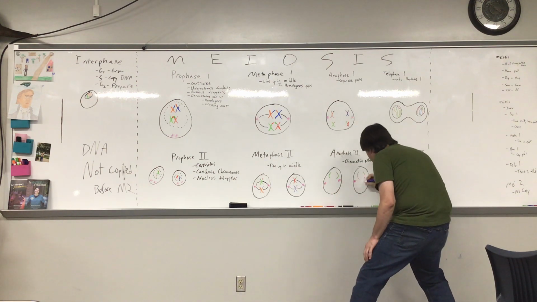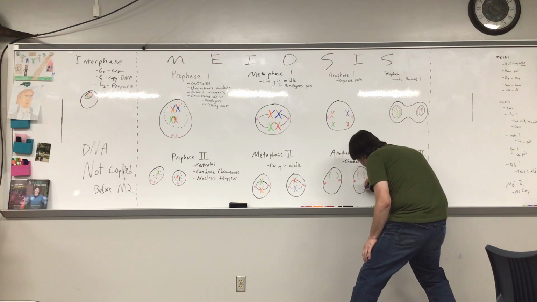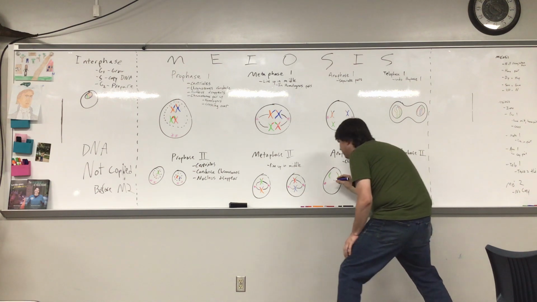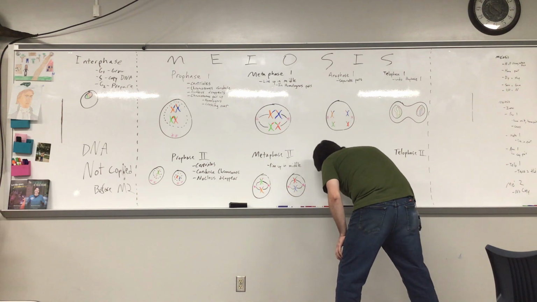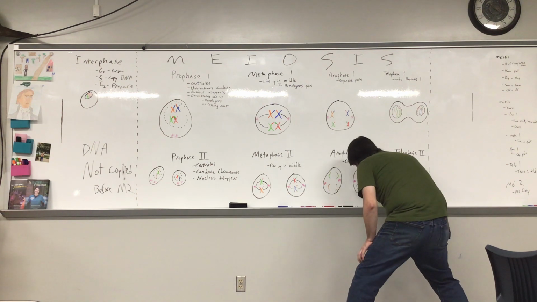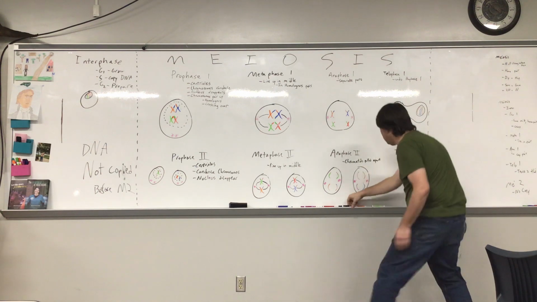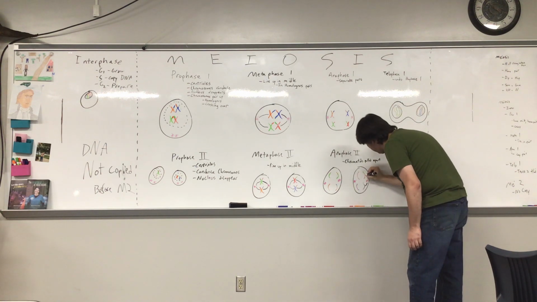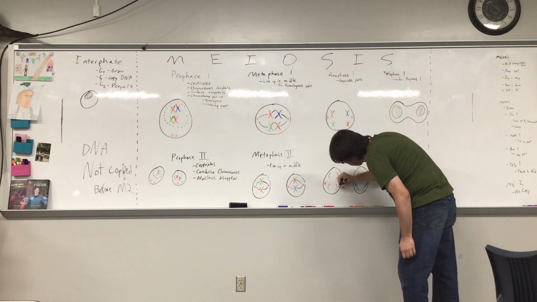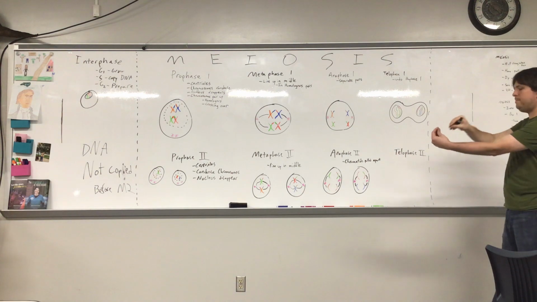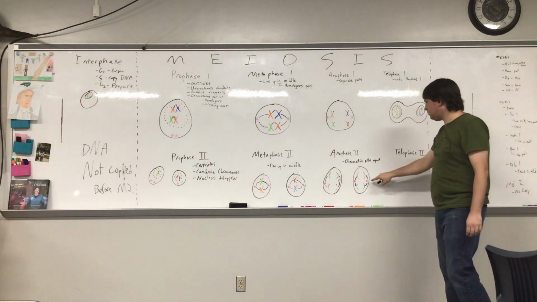And then this one will be a little bit there and a little bit there with a tiny bit there. So we have separated those sister chromatids by pulling them apart.